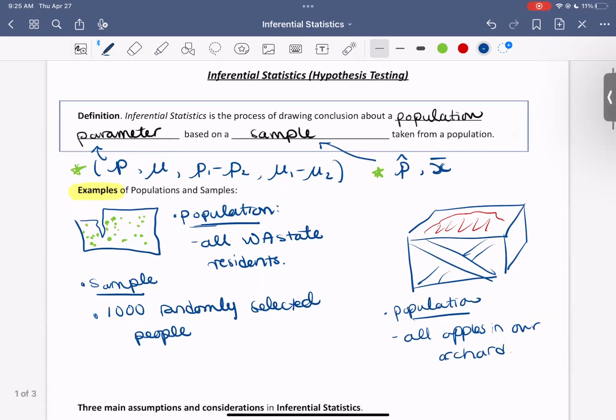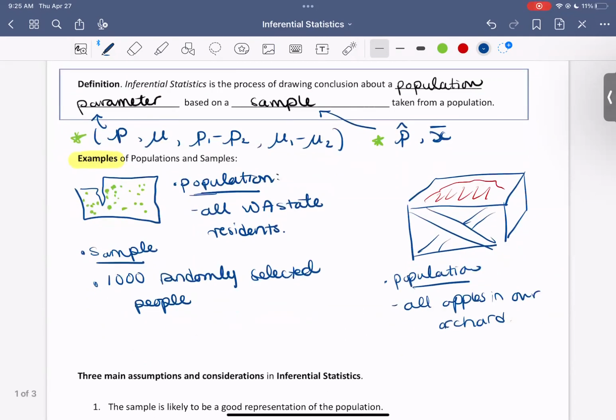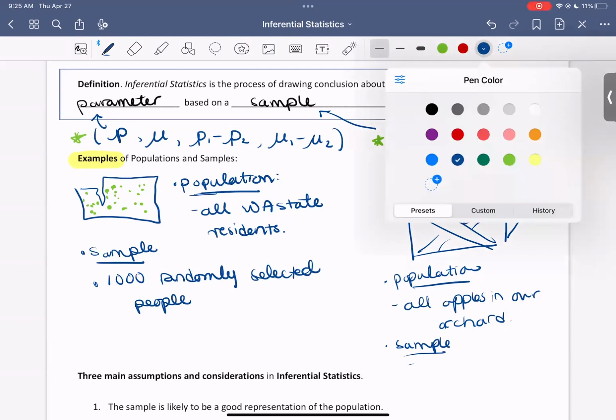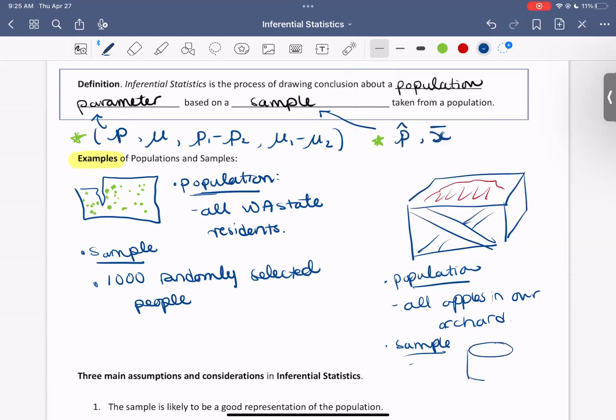And now we might want to collect data on these apples, say their sweetness or how long they last on the shelf, but we can't collect data on every single apple. So we might take a sample that includes a bucket of apples, sampled from across our orchard.